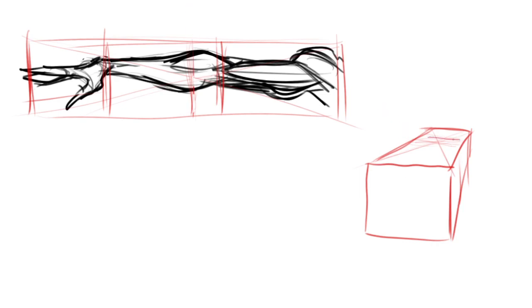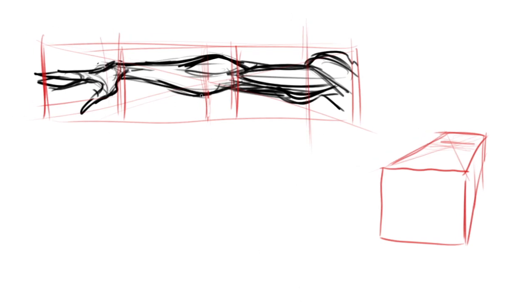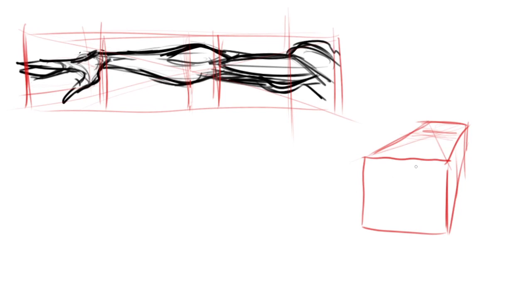So we're going to go a little bit back from there. We know that's where the elbow would be, and then the deltoid's going to be back there. Hand up here. The hand is going to take up a little less than half of the space forward of that halfway point. We can also use this.